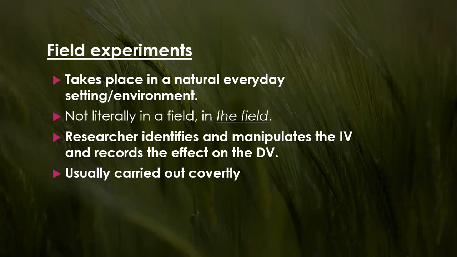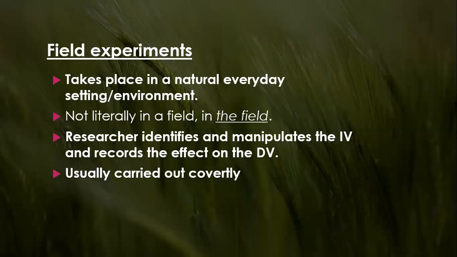In a laboratory experiment, a participant knows they're taking part in a laboratory experiment. However, in a field experiment, they're usually carried out covertly. So let's just rewind here a bit. Laboratory experiment, participants know they're taking part, because you're going to a certain place, you're doing certain things that can be clearly controlled and clearly measured.